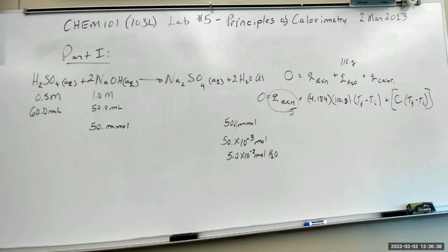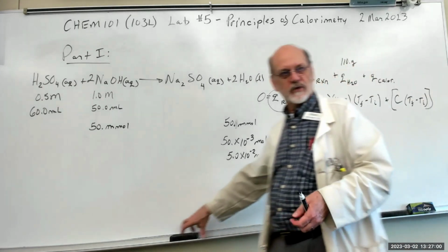And it'd be close. It may not be exactly that. But then you know how to calculate percent error. So you just take your number and that number and calculate percent error. And that's what you report. Your value plus the percent error. Okay. So that was the neutralization reaction. Part one. We're good to go to the next one.